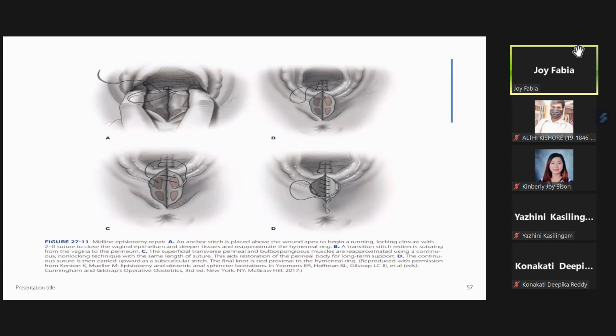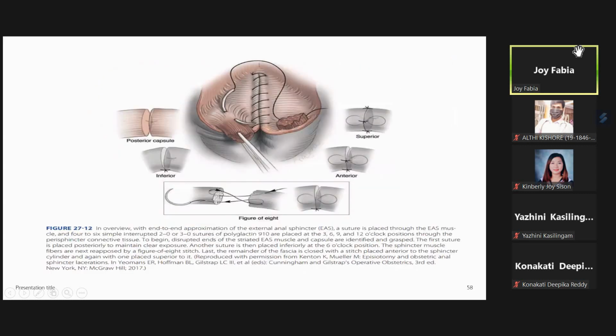In doing the mediolateral episiotomy repair, we usually use chromic 2-0. But according to the book, you can use different types of sutures. So this is how we repair the anal sphincter.